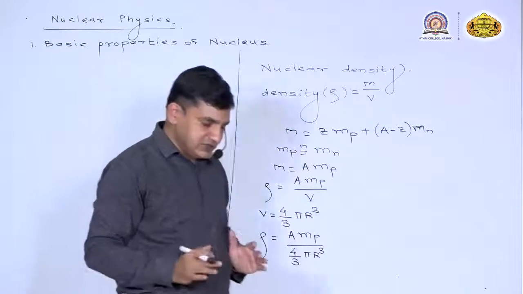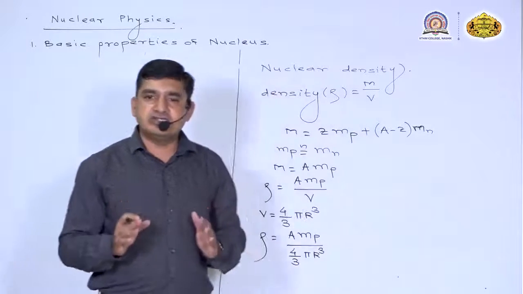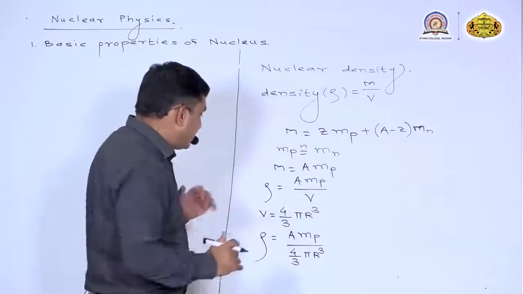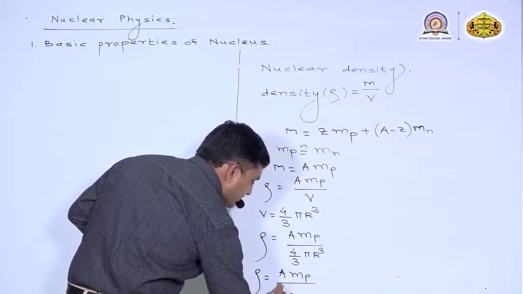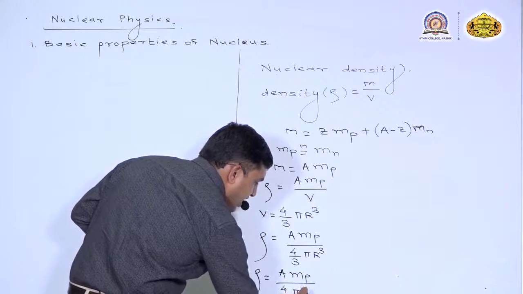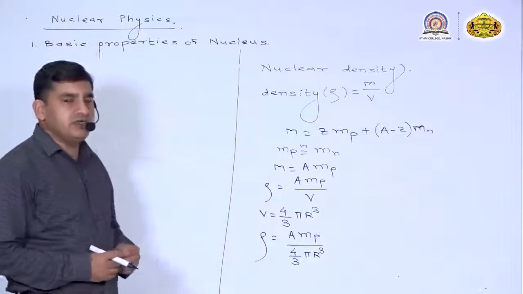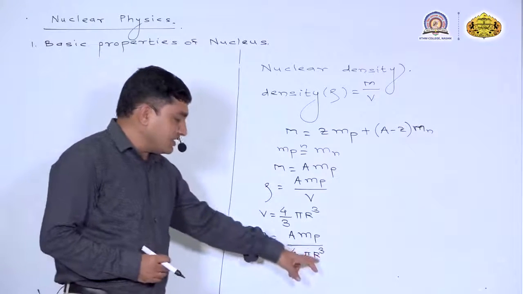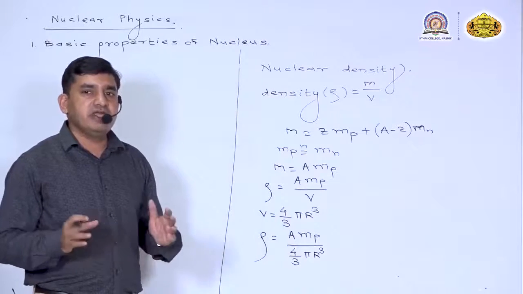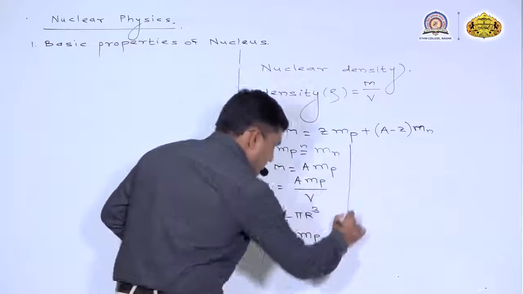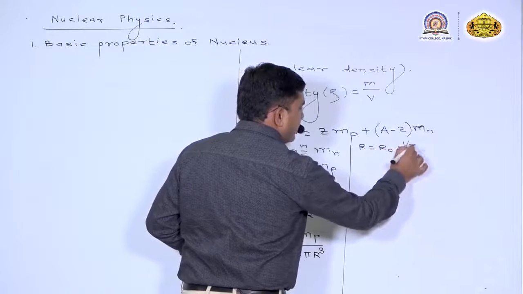Now the radius of a nucleus can be found by using the empirical formula, that is R is equal to R0 A raised to 1 by 3. So density rho is equal to A Mp divided by 4 by 3 pi r cube, where R is the radius of the nucleus, found using R is equal to R0 A raised to 1 by 3.